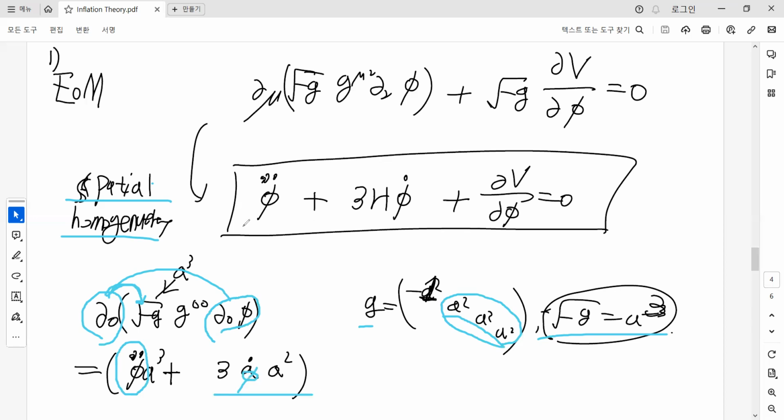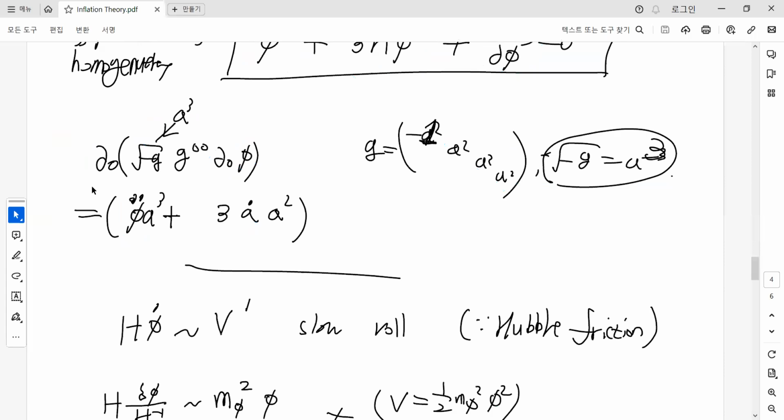So there are a phi double dot term and a phi dot term with the Hubble friction, and the derivative of the potential. It looks very similar to Newton's equation of motion in classical mechanics with a friction term. The Hubble term acts as friction on the scalar field, which prevents oscillation.